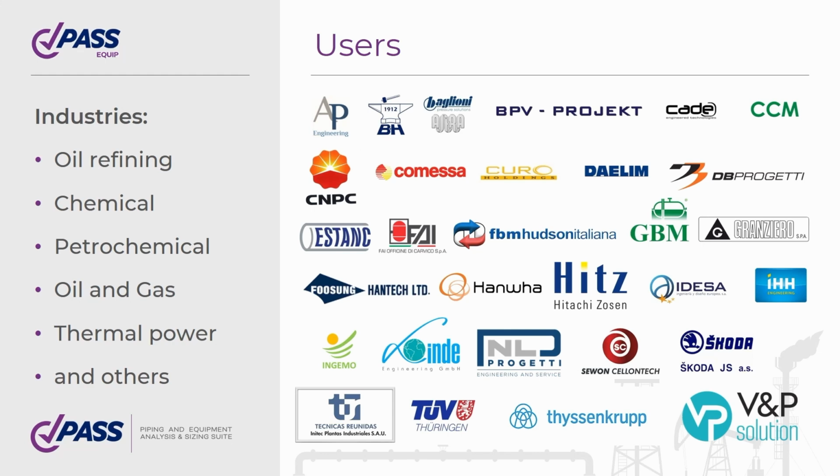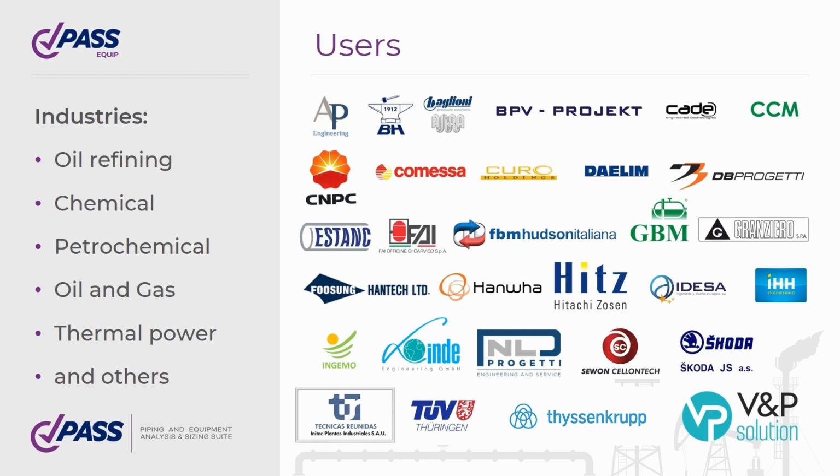Users. This slide highlights the key industries and major users of PassEquip software solutions. As you can see, our tools are utilized across a wide range of industries, including refining, chemical production, petrochemical processes, oil and gas, thermal power generation, and more.